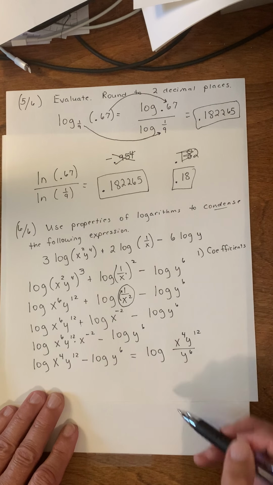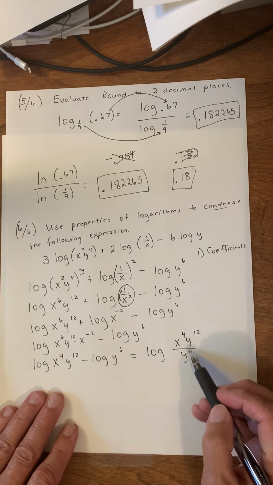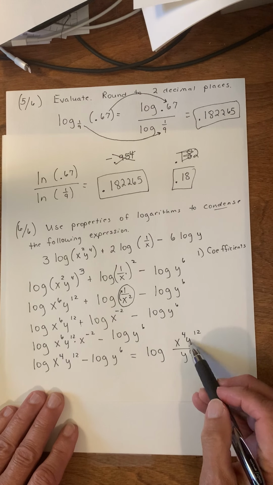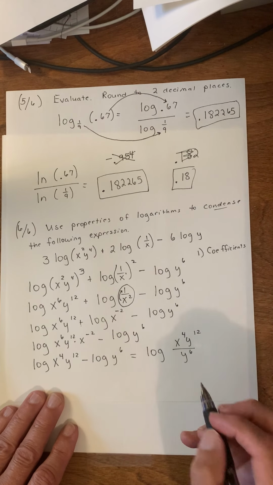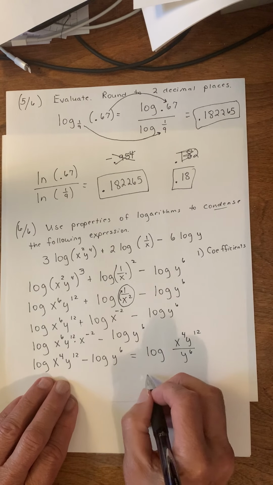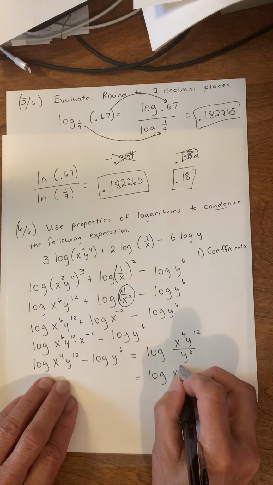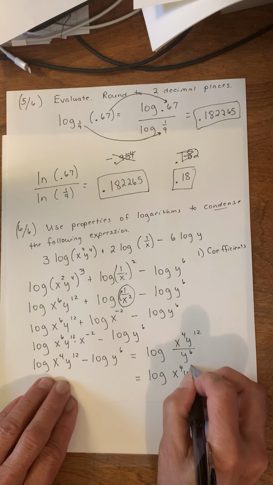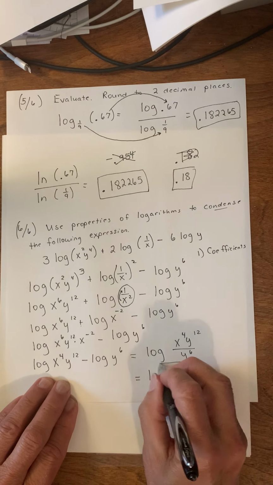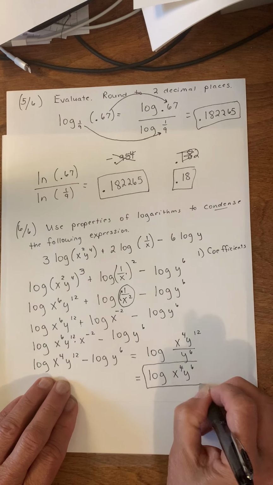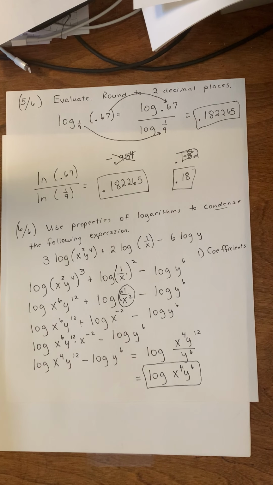Obviously, I have some simplification here to do. Same base, top and bottom in a fraction. I subtract the smaller exponent from the larger, wherever the larger happens to be. And there you have what you're going to submit to Hawks.